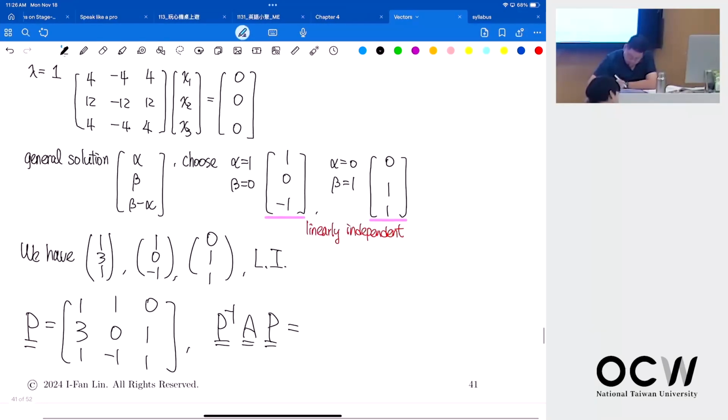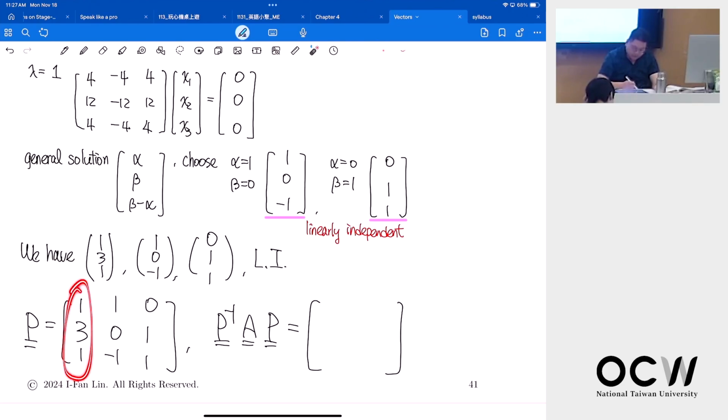Can someone tell me the answer for this matrix, P inverse AP? The first column is the eigenvector with corresponding eigenvalue minus 3. So minus 3, 0, 0. The second one, the corresponding eigenvalue 1.